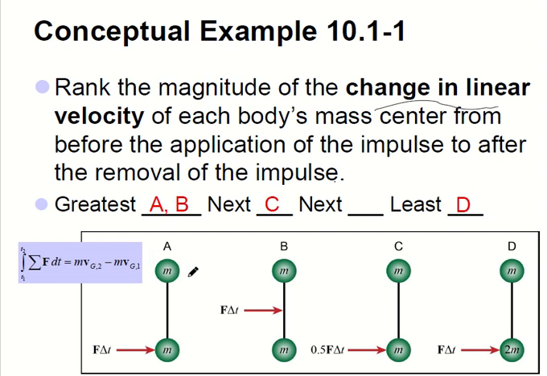When you look at case A first, you're going to see the mass is m, your impulse is F delta t, and so you can calculate the change in velocity using that equation.